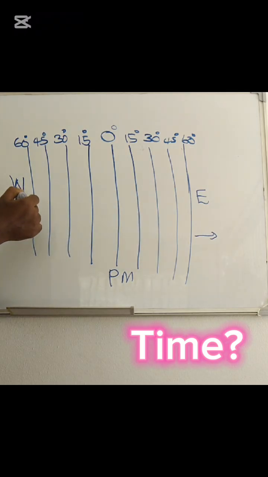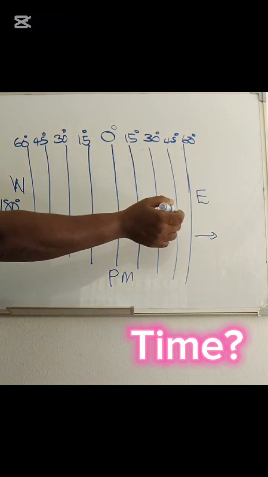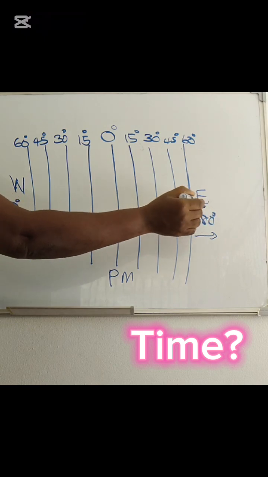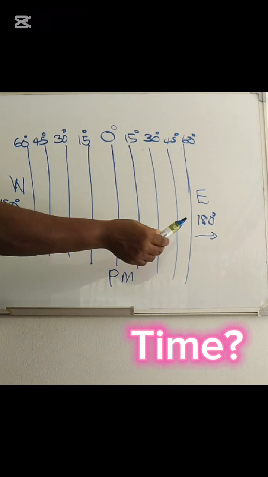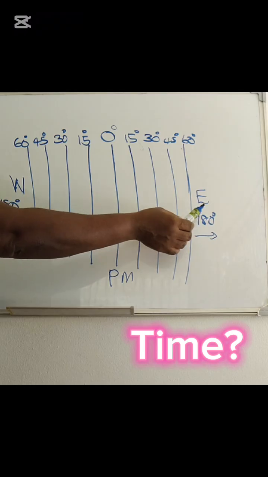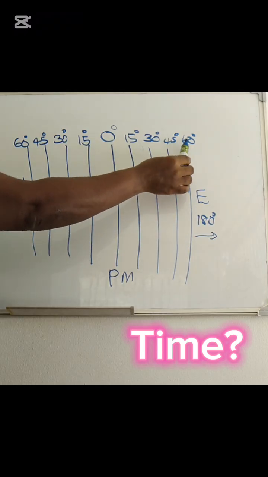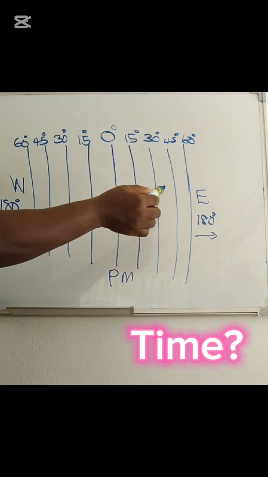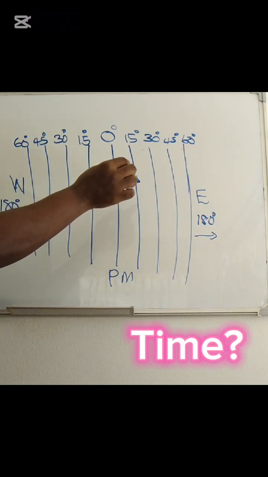There's something interesting about the 180 degrees, which I'm going to tell you about, yes? So when it gets to 180 degrees, right? So see, we're going toward the east, right? Okay, I'll leave that for a bit later.